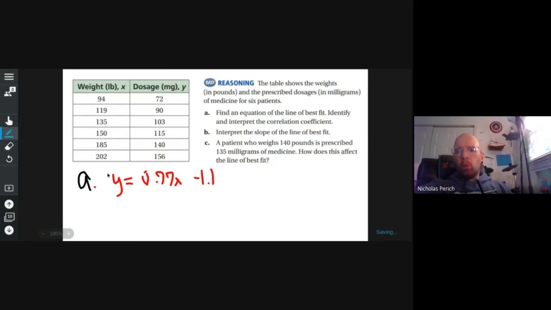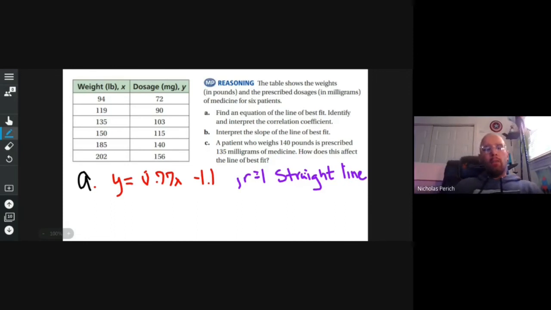Identify and interpret the correlation coefficient. The correlation coefficient was a perfect 1. When it's a perfect 1, that means this is a perfect, straight line. The closer it is to 1, the closer it is to being a straight line. When it is 1, it is a straight line.